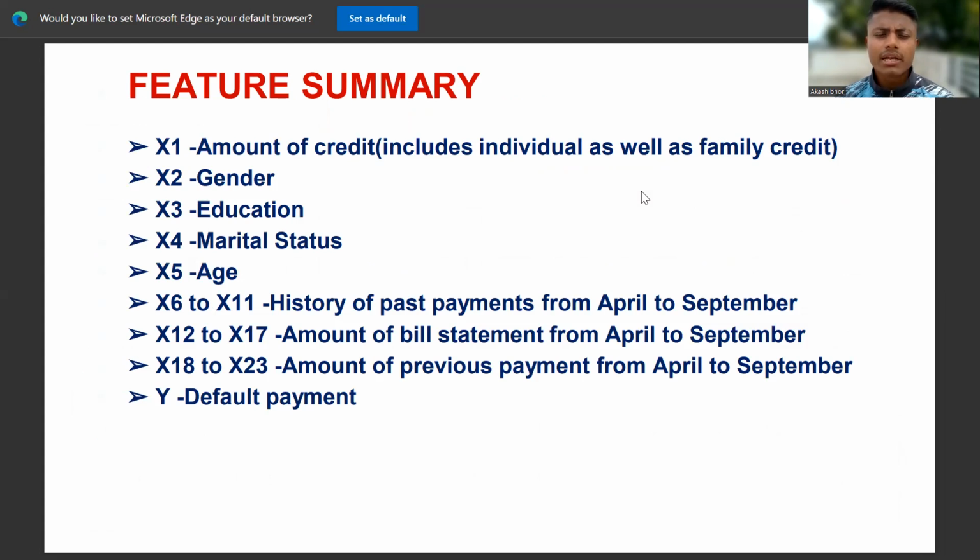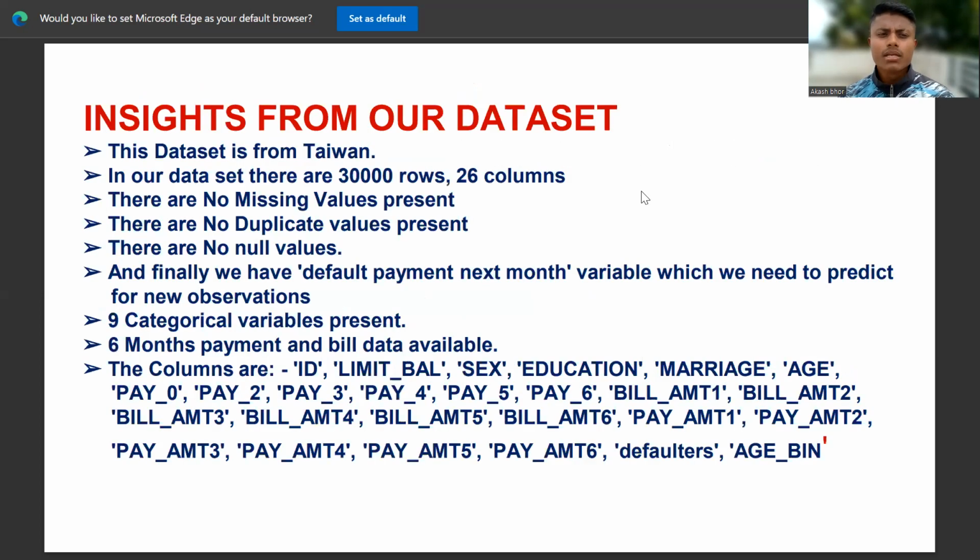X6 to X11 is the history of past payments from April to September. X12 to X17 is the amount of bill statement from April to September. X18 to X23 is the amount of previous payment from April to September. Y is default payment.